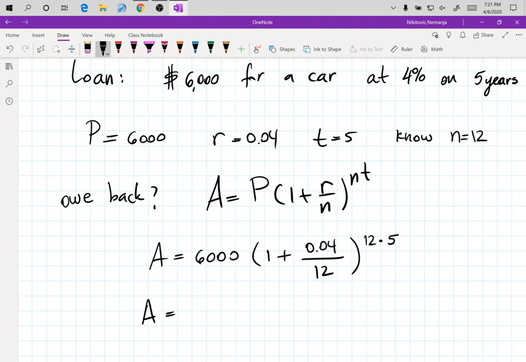So let's see. So 6,000, 1 plus, and I am now dividing 0.04 by 12. Right, so make sure you have your calculators and pay attention to the amount of decimals I'm keeping around, otherwise you're doomed. So 0.00, and then I am going to keep 4 significant decimals here.